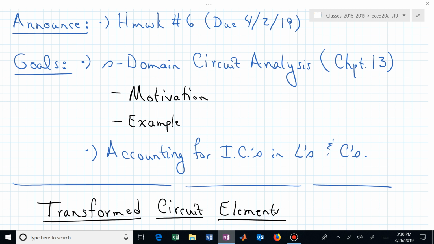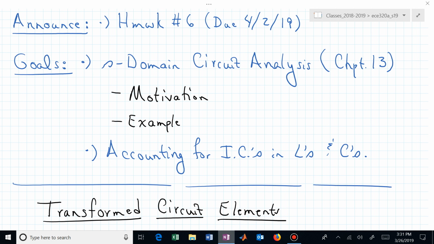We're headed into chapter 13, and it will be performing S-domain circuit analysis directly, meaning we don't have to write the differential equations and then Laplace transform those. We're going to immediately write down the S-domain equivalent circuit and do the analysis in the S-domain, which really means now we simply are performing algebraic operations.